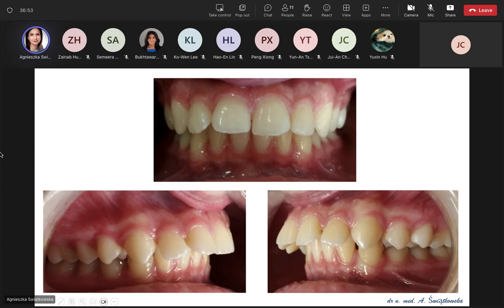That the upper arch, class 2 division 1, is wider. In normal situation, you know that typical for class 2 division 1 is a very narrow upper arch, V shape. Here the arch is V shape but is wide. So this patient is a little different than the normal group of patients with class 2.